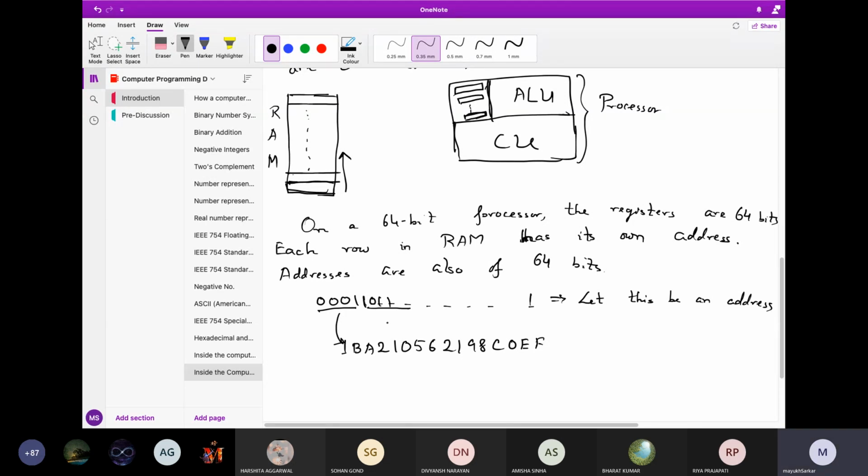So maybe if it is B, here it is 1011, right? So that will give you the B. A is 10, B is 11. So the next one will be 1010. So this 64-bit address, maybe representing some hypothetical row here, can be written smoothly using these 16 hexadecimal digits.